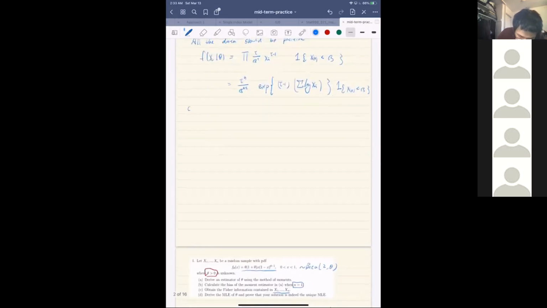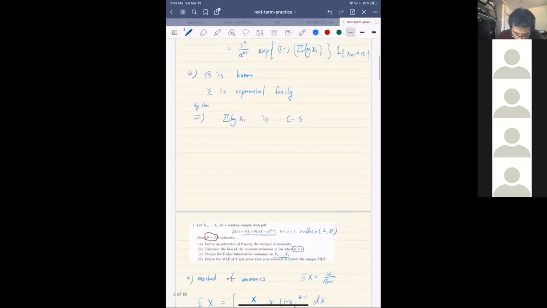So for A, beta is known. In this case this is an exponential family, so from the theory, this is complete sufficient.